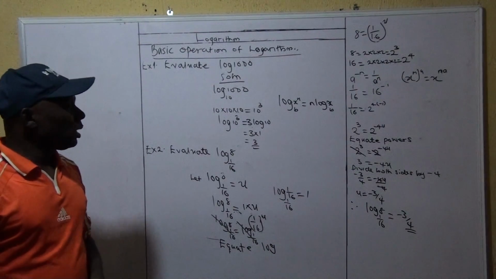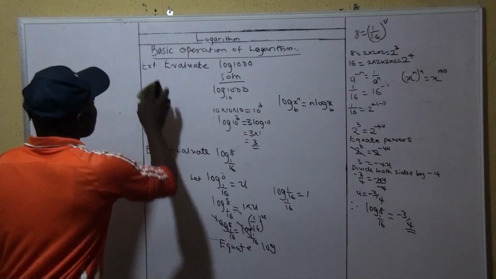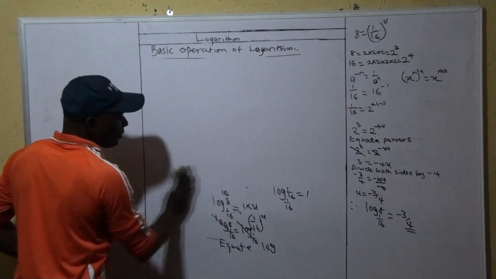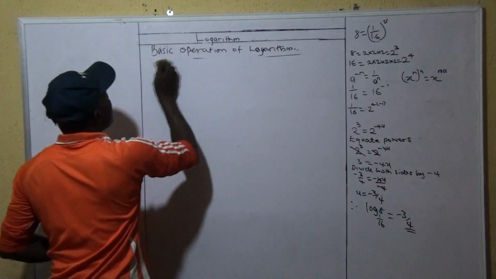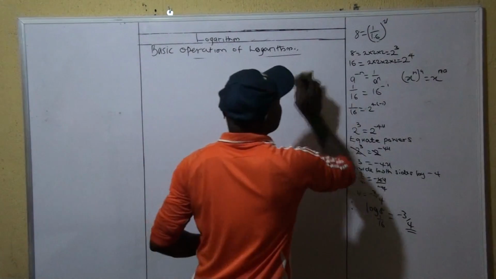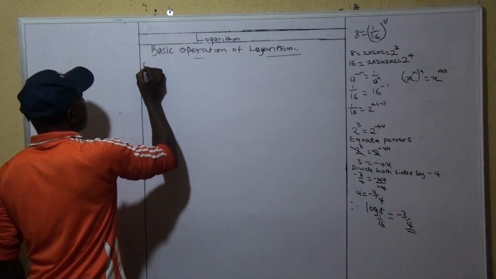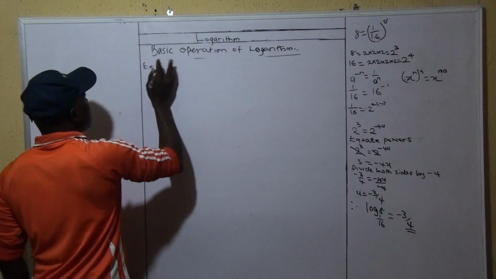Okay. Now let's look at another example before we proceed. Like I said, we need to run fast here. So here, let's look at example 3.